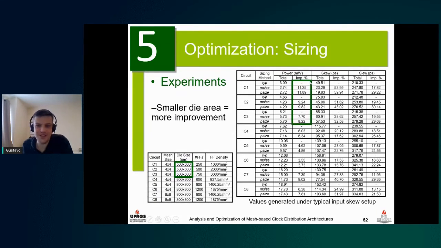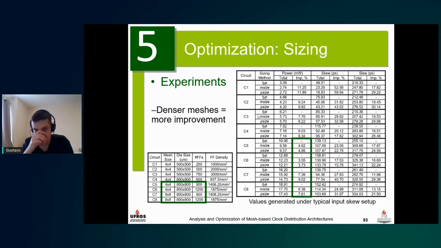Okay, I have some data to highlight here. We can see that the benefits are larger for smaller die areas, and that goes in line with what we saw before. The larger the resistance between two buffers, the smaller is the impact of the technique, since it's relying on the short circuit current, and the short circuit current will be reduced for larger die sizes.